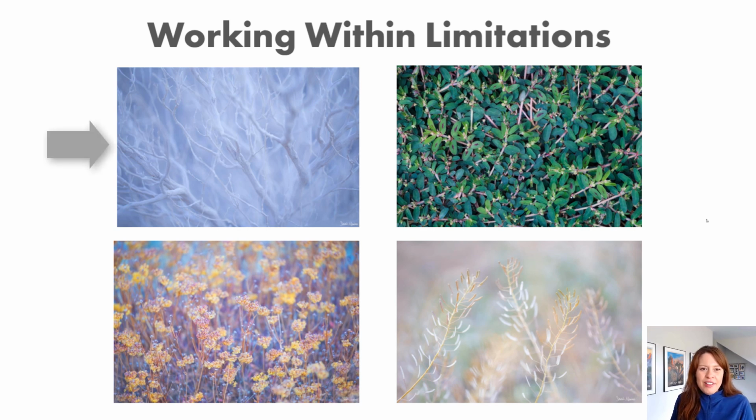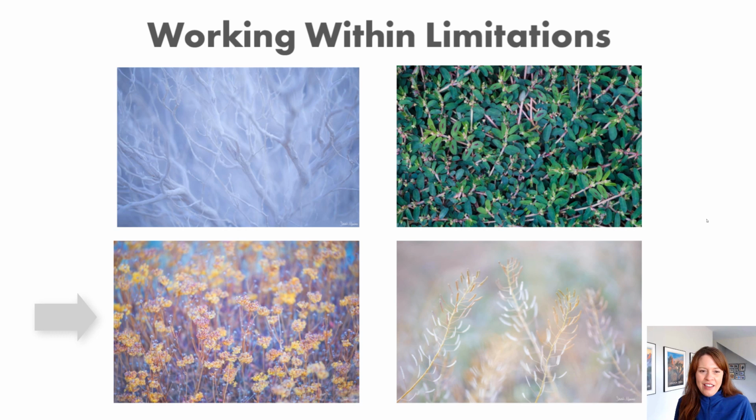So the upper left is a desert holly plant, a dead desert holly plant in Death Valley National Park. And again, just by getting close to it and rendering it slightly out of focus, you get that beautiful feel of the lines and the colors, but you can't really tell that it's a dead plant. The next photo to the right is a weed in my backyard.